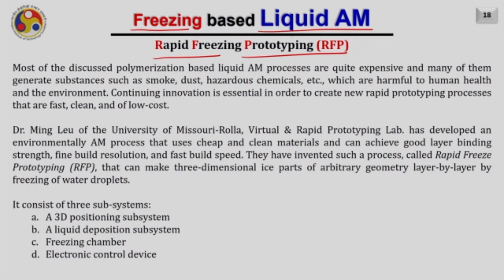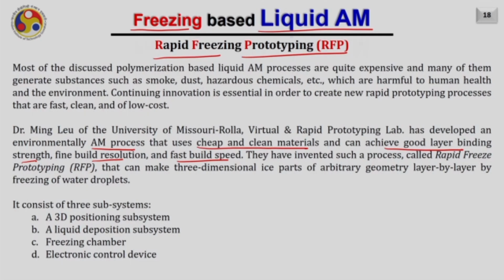Continuing innovation is essential in order to create new rapid prototyping processes that are fast, clean and of low cost. Dr. Ming Liu of the University of Missouri, in the laboratory of virtual and rapid prototyping, has developed an environmentally friendly additive manufacturing process that uses cheap and clean material and can achieve very good layer binding strength, fine resolution and fast build speed as well.